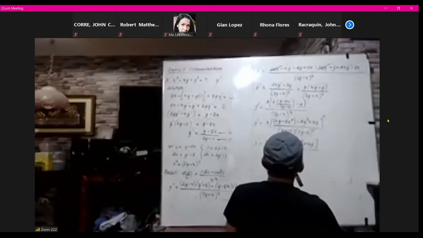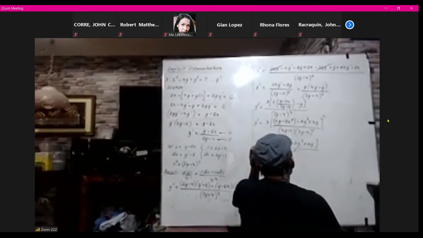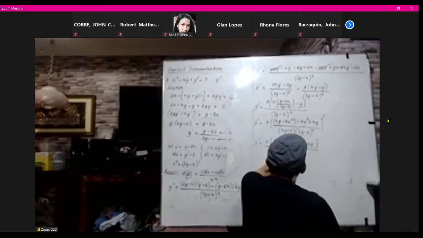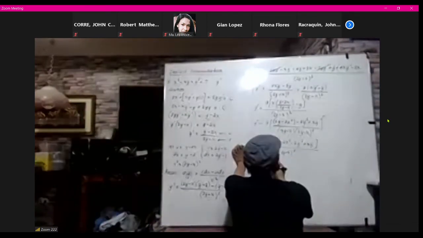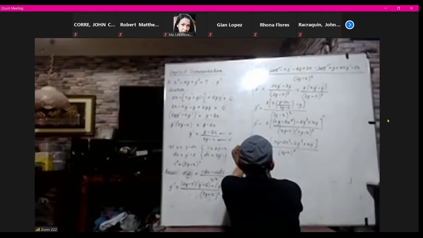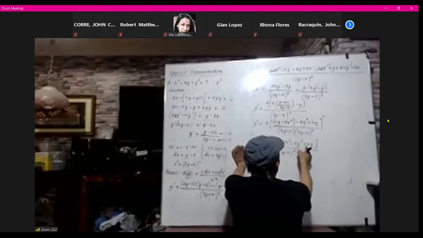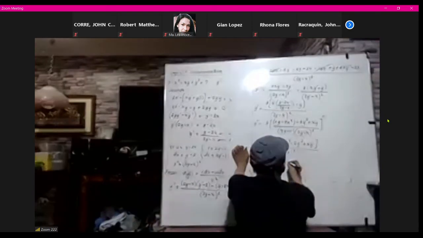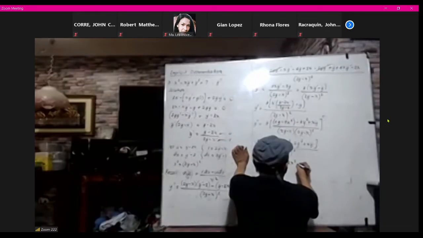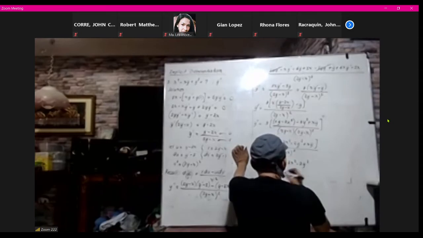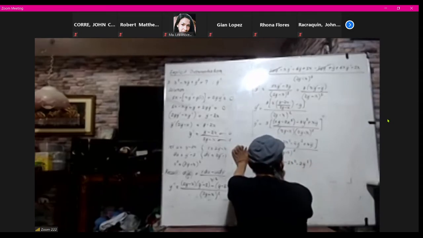Okay? So, at this point, guys, pwede natin pagsamahin. So, second derivative of y equals 3 multiplied now by 2xy minus 2x squared minus 2y squared all over 2y minus x cubed.